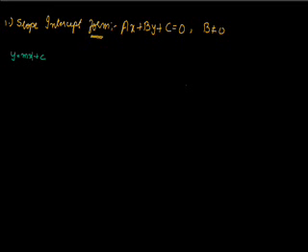So what I'll do is convert the standard form of the line, that is ax plus by plus c is equal to 0, into the slope intercept form.